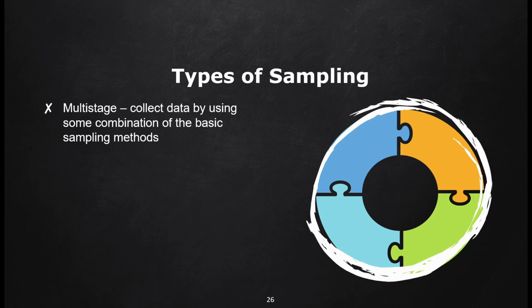You're basically combining the basic sampling methods together. This could take a lot more time, but maybe it will be more useful. I haven't seen an actual real life application of this, at least not yet, but it'd be interesting to know why they go through all this trouble, right?